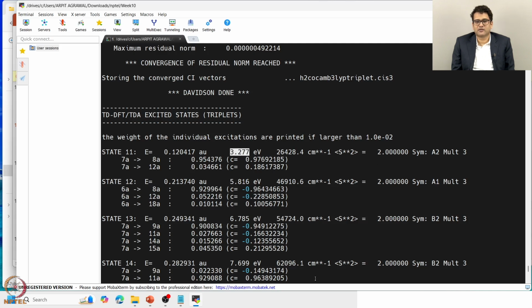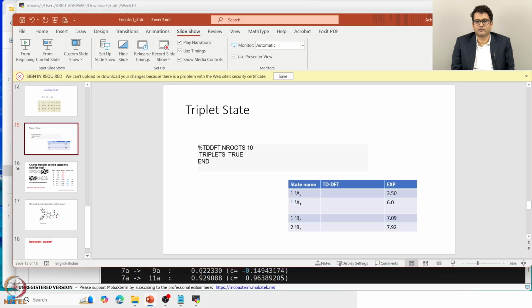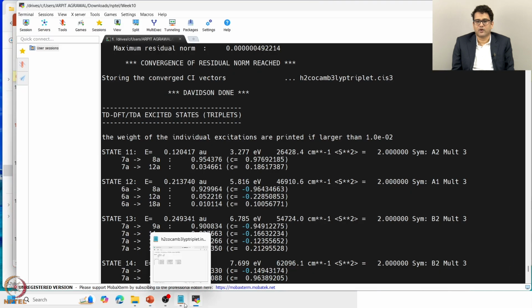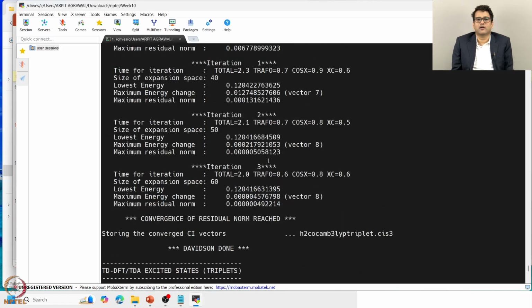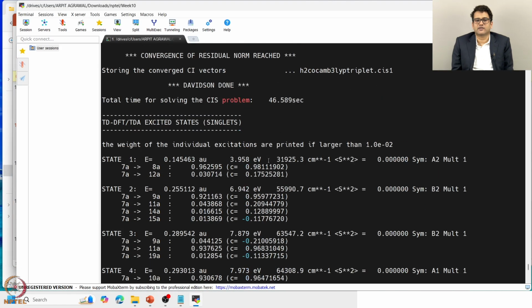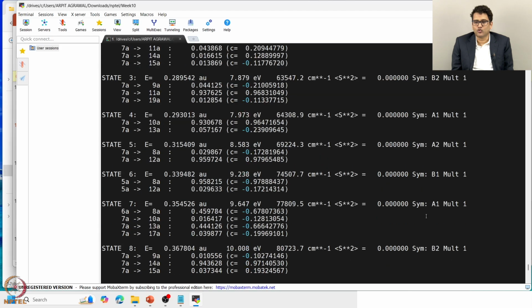So, the first one is 3.28. Next one is A1. This ordering is also a change in the ordering from singlet to triplet. If you go to the singlet, you will see the second state is B2.